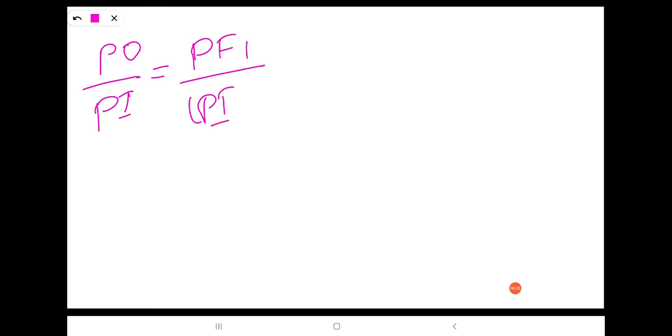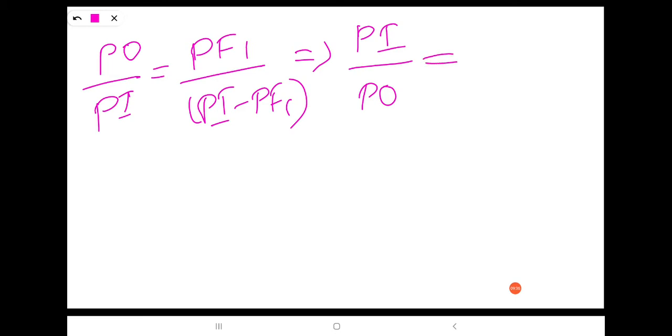So from this we can write PO by PI equals PF1 by PI minus PF1. So from this we can write PI by PO equals PI minus PF1 by PF1.